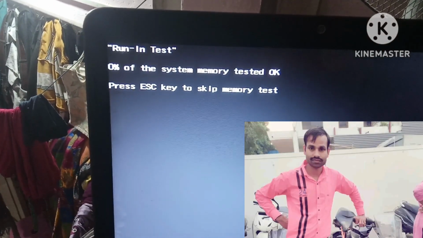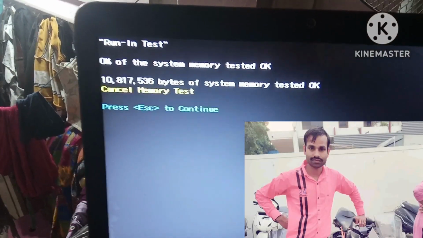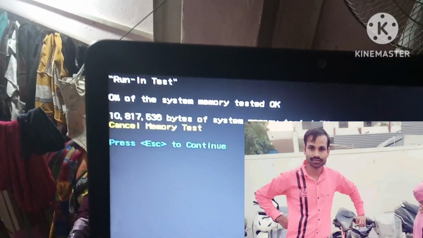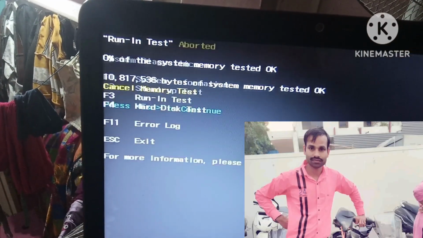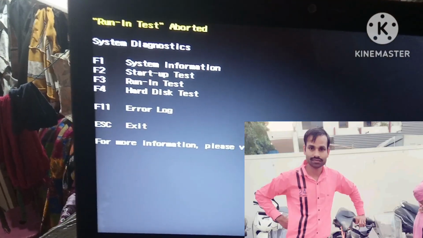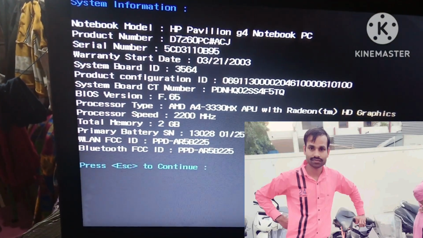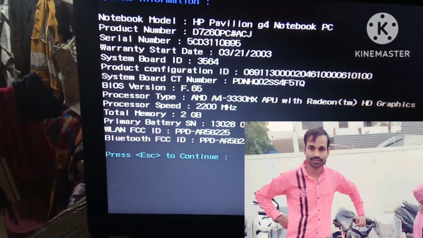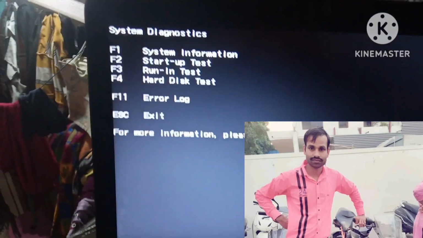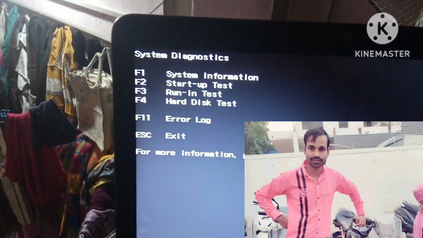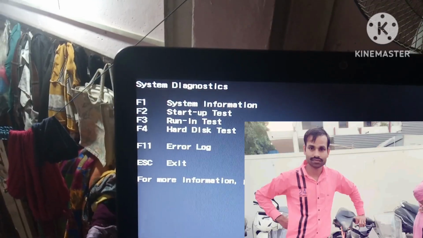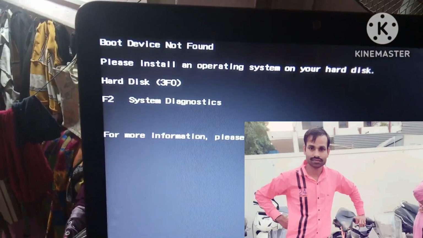Error log may be displayed if you press F11. Here is the detailed information about your system and the error points in your PC.